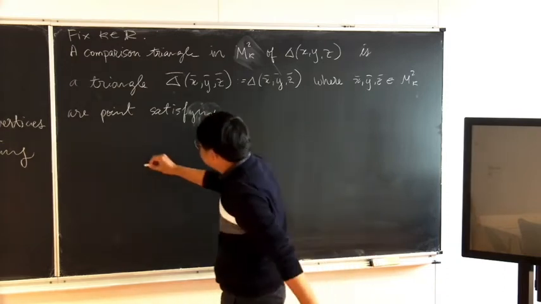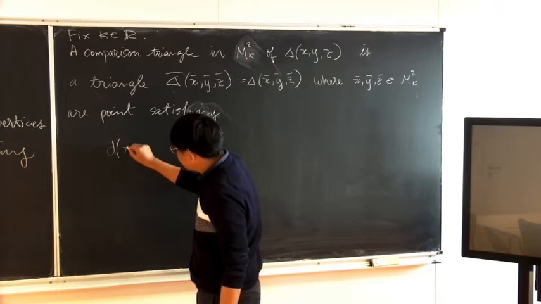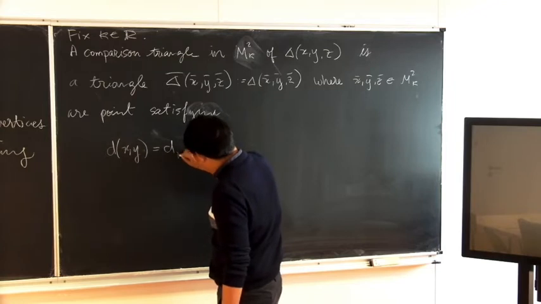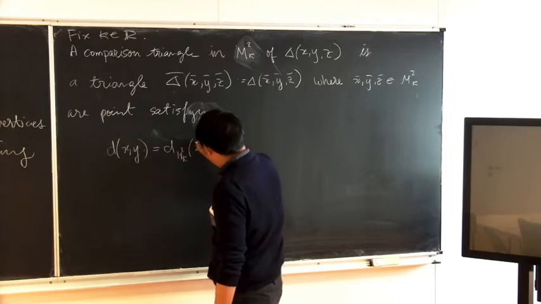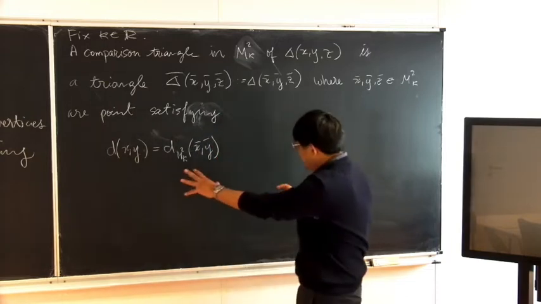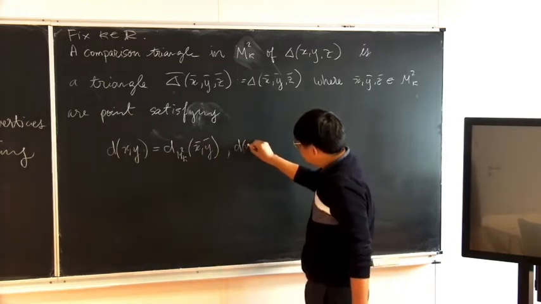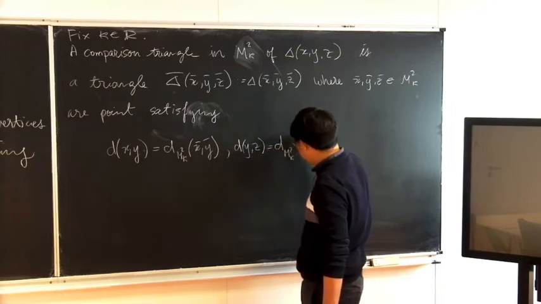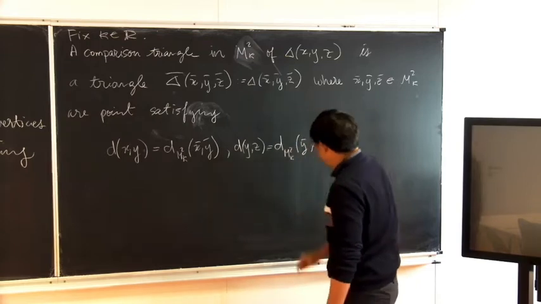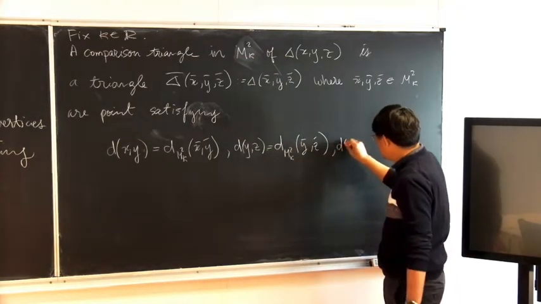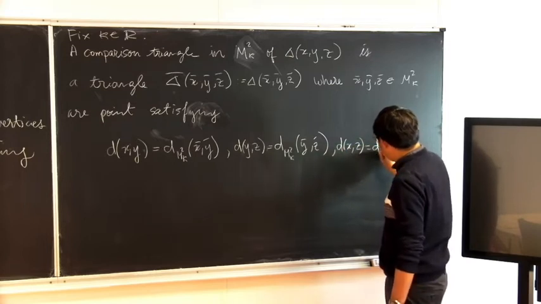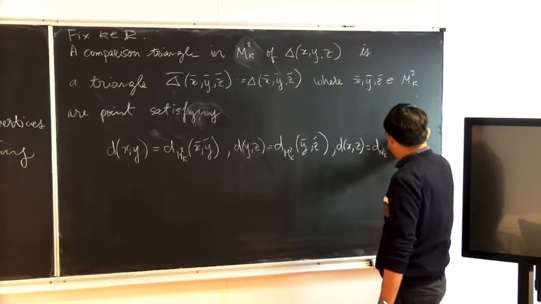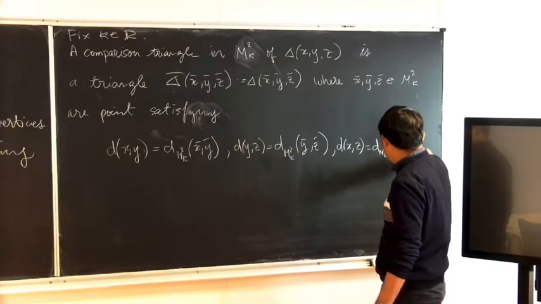First, the distance between x and y, and the distance in the model space between x bar and y bar have to be the same. Similarly for y and z, these have to be the same. And finally, x and z, and x bar and z bar have to be the same.